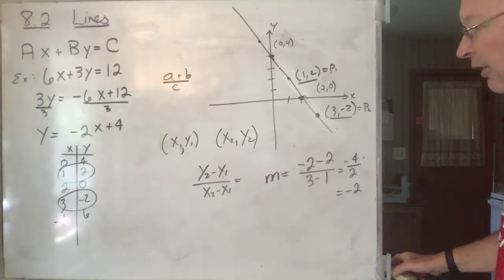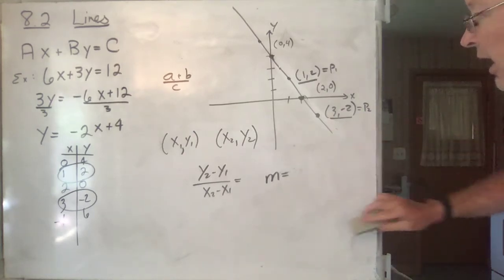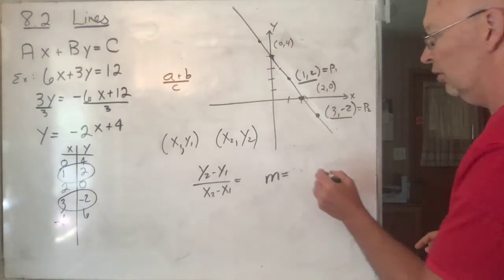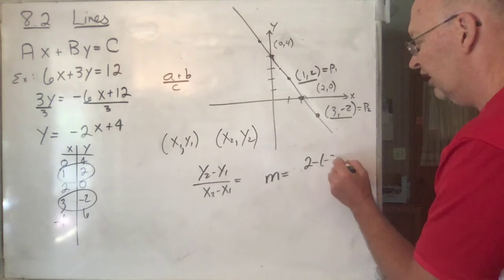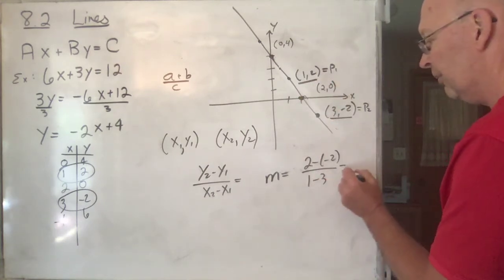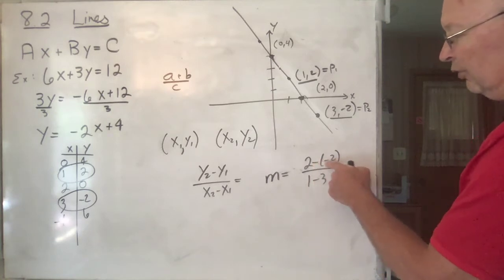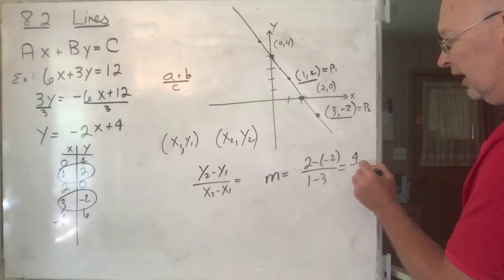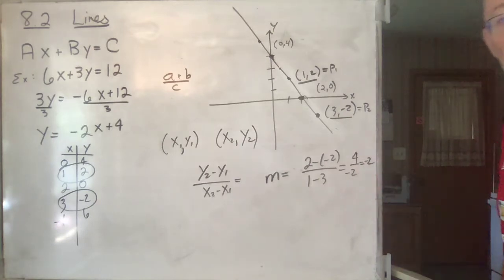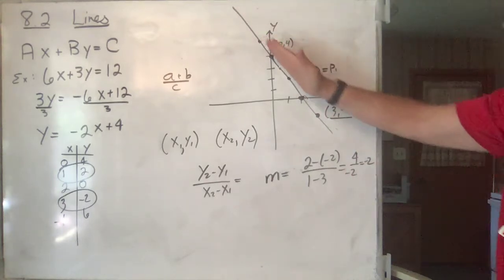Okay, if I had done it the other way around and subtracted this one from this one, I would have gotten 2 minus a negative 2 on top, and then I would have had a 1 minus 3 on the bottom. 2 minus a negative 2, those two cancel, so I get 4 on the top. 1 minus 3 is a negative 2 on the bottom, so notice I get the same slope as before, negative 2.